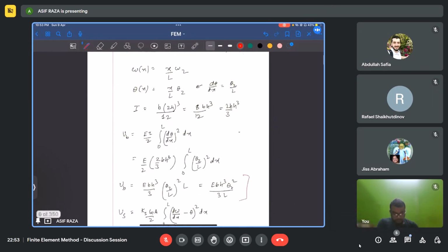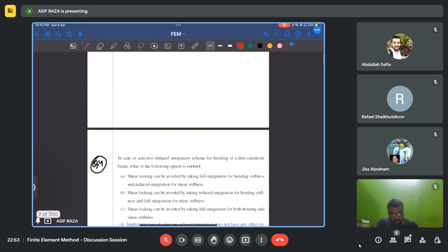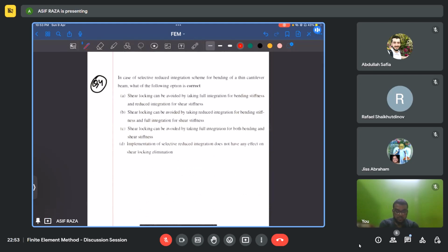We'll move on to the next question. In case of selective reduced integration scheme for bending of a thin cantilever beam, which of the following options is correct? The first option is shear locking can be avoided by taking full integration for bending stiffness and reduced integration for shear stiffness.